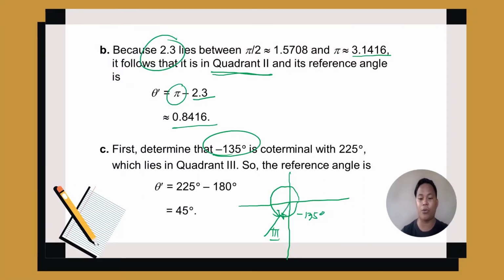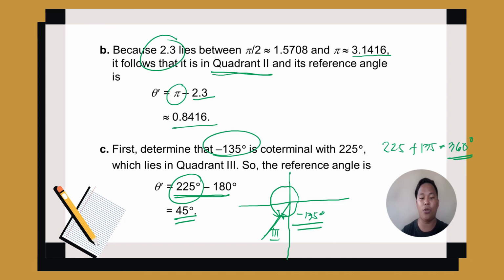Since if we are going to add 225 plus 135, the sum is equal to 360 degrees. And since the terminal side of this angle is in quadrant 3 po, we are to use this formula, 225, the positive coterminal, minus 180 is equal to 45 degrees.